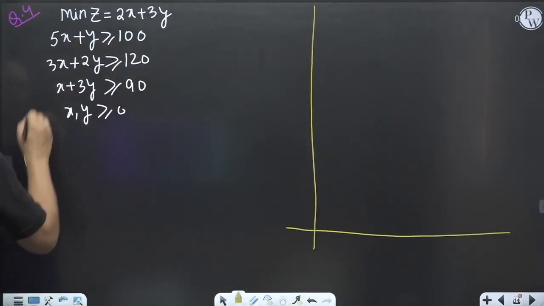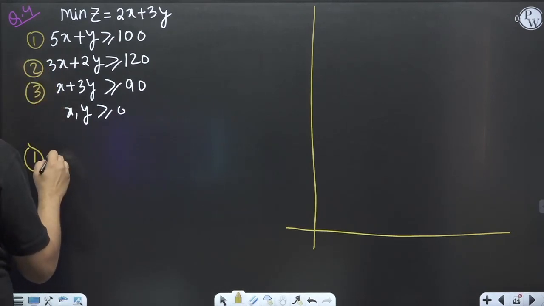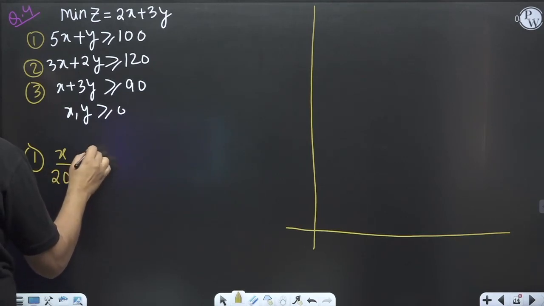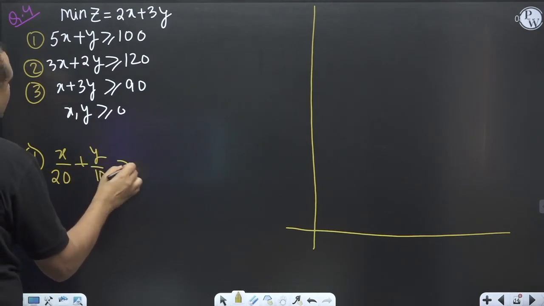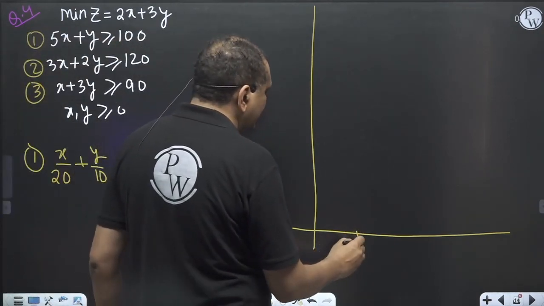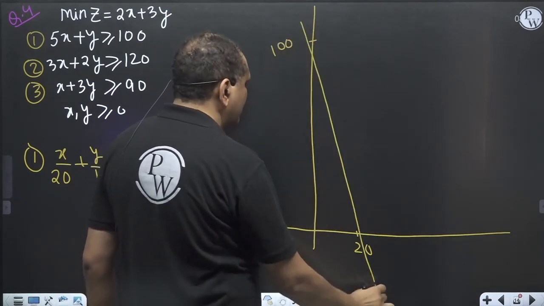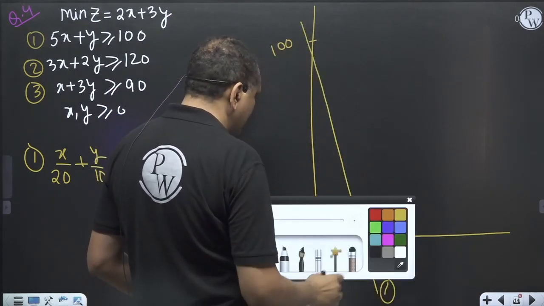So, first constraint, x divided by 20 plus y divided by 100 is greater than 1. So, plot it. 20, 100, this is constraint 1.